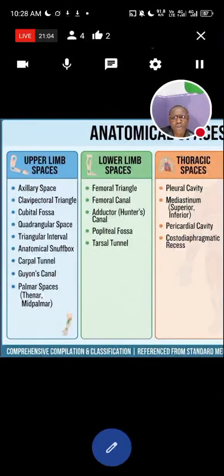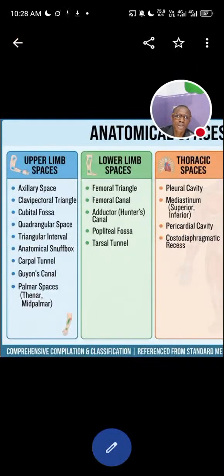Now look at the upper limb spaces: the axillary space, the axilla is a space, the clavipectoral triangle, cubital fossa, quadrangular space, triangular space, triangular interval, anatomical snuffbox, carpal tunnel, Guyon's canal where the ulnar artery passes through, and palmar spaces, for example thenar and mid-palmar.